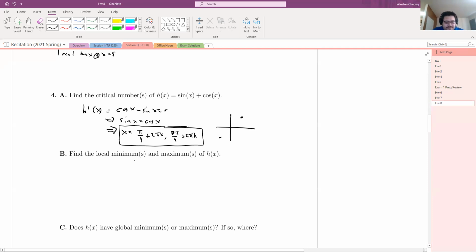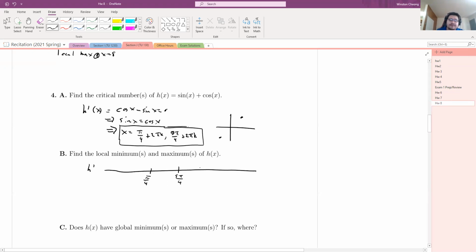Right, so what are we doing here? Local mins and maxes. To do this, I'm going to need to draw a fairly big number line just to have enough repetitions to be convincing. So I'm going to put the pi over 4 and the 5 pi over 4.